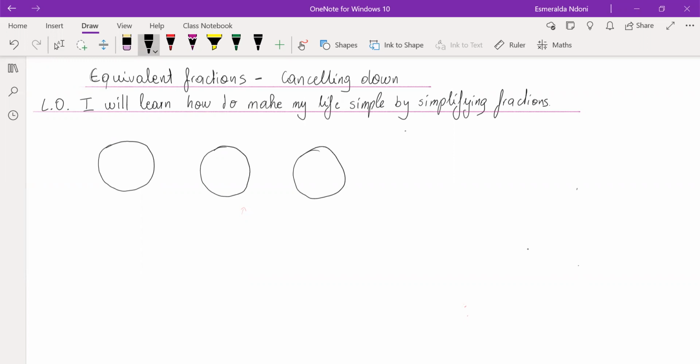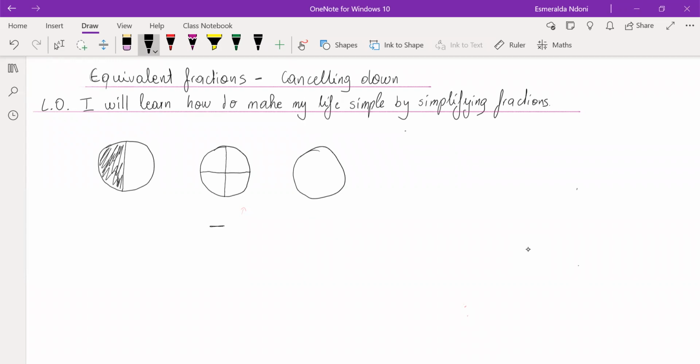However, I am going to split this in half, and I'm going to shade half of it, because I've eaten that. I'm going to split this into half and half again.